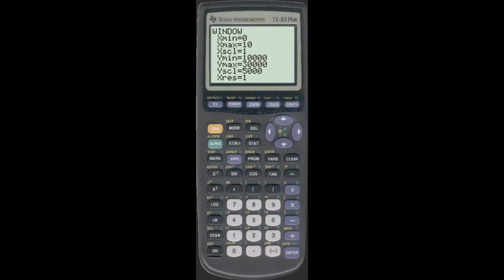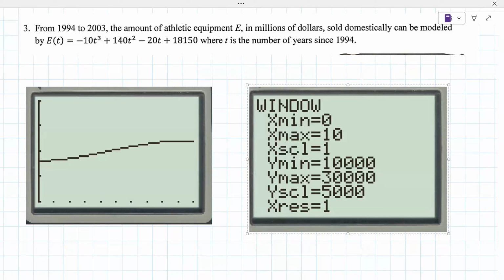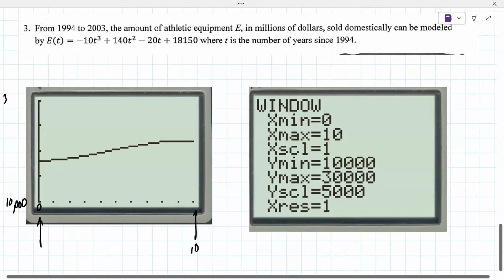We may go back and forth here. So the X min means literally the x zero, the lower bound on the x. The x max of 10 is this last dot here, and then y min is 10,000, and then y max is 30,000. That's this last dot up here.